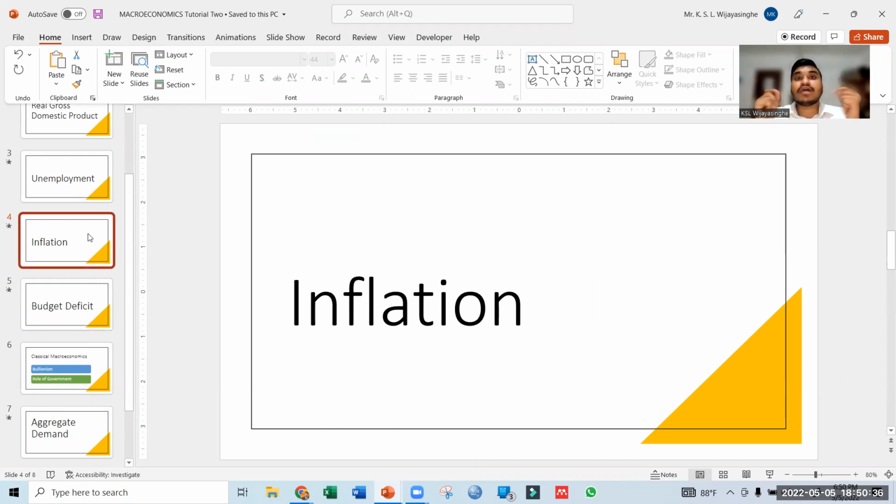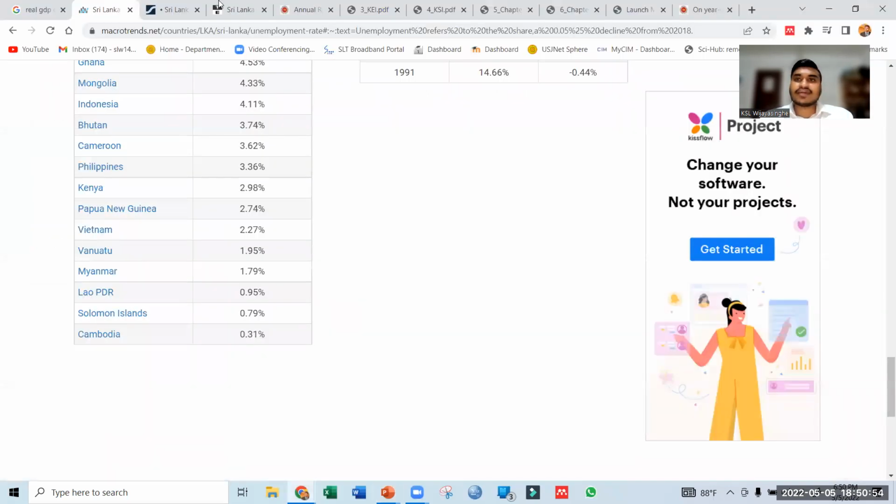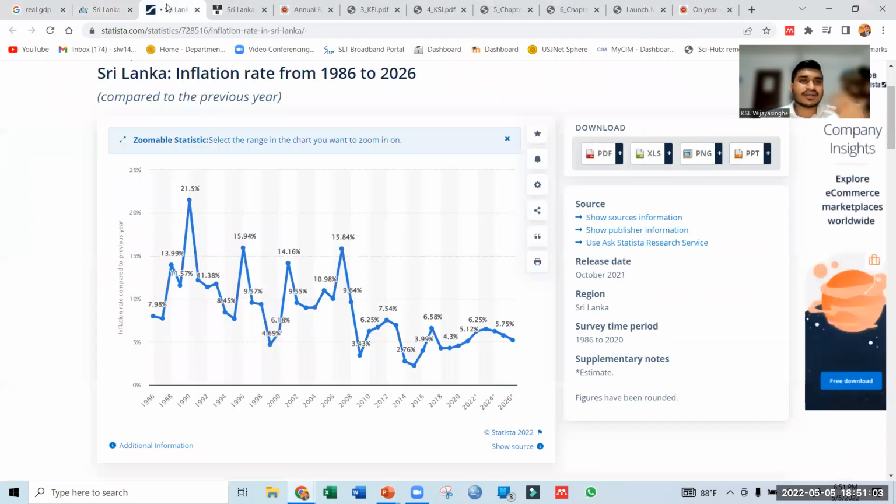That is a word highly spoken in the community today. One reason is that we have been printing money. Last week I discussed in detail the exchange systems, then the other challenges that we are facing due to the depreciation of the rupee value. Since of that, the prices have increased compared to last week. This week, the prices have increased. So there are a lot of challenges that we as a country face.